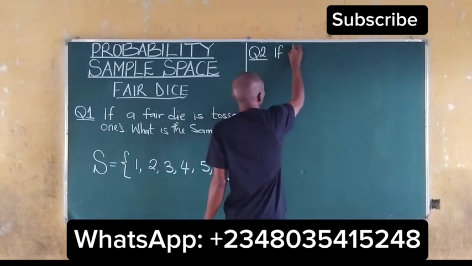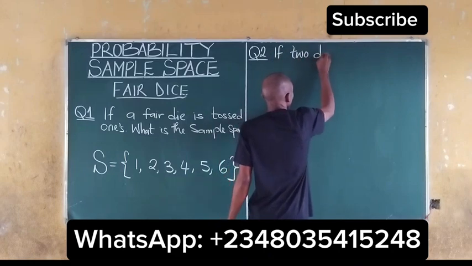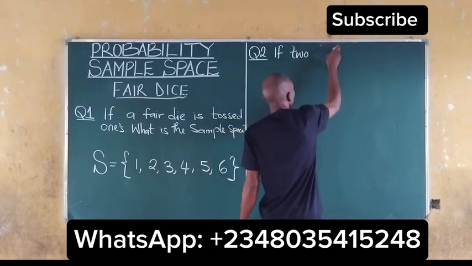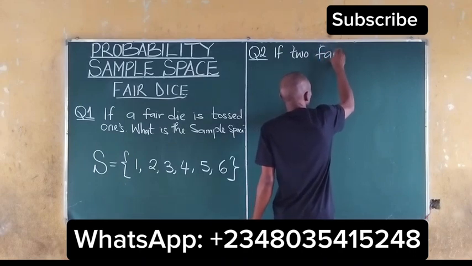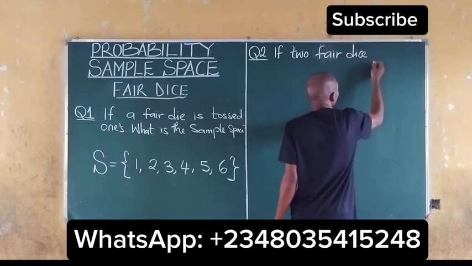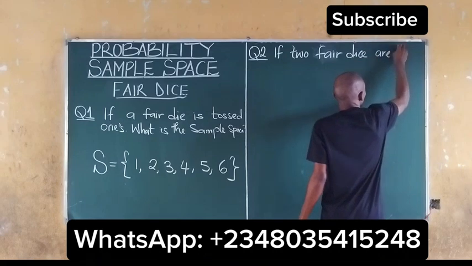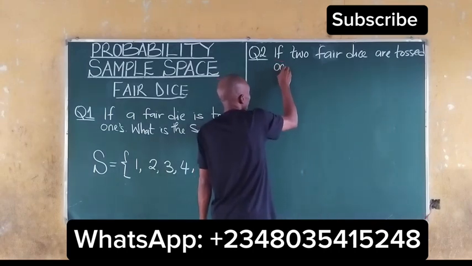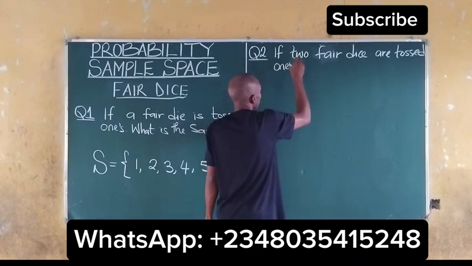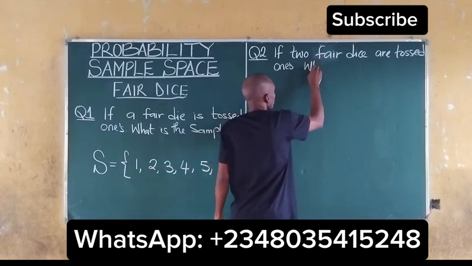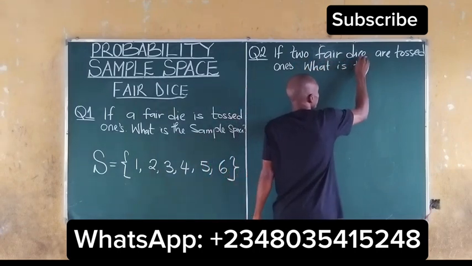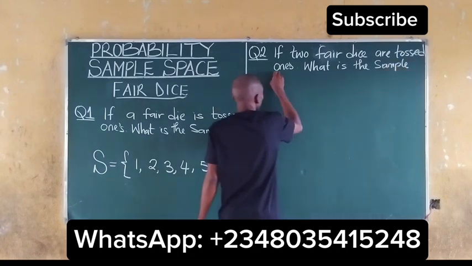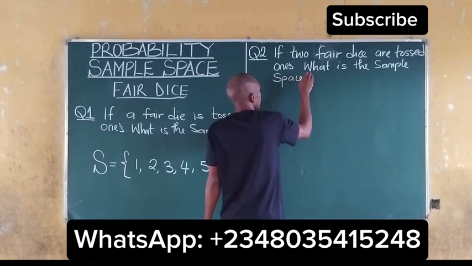If 2 fair dice are tossed once, what is the sample space?